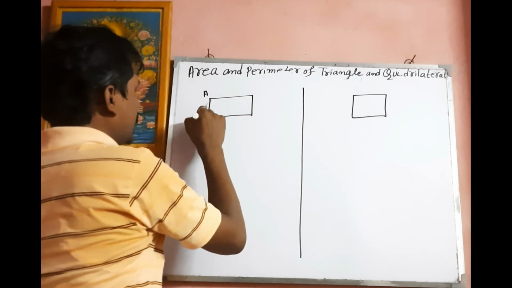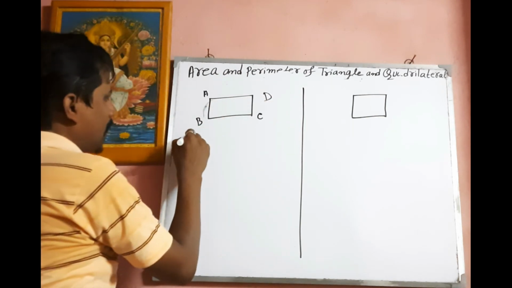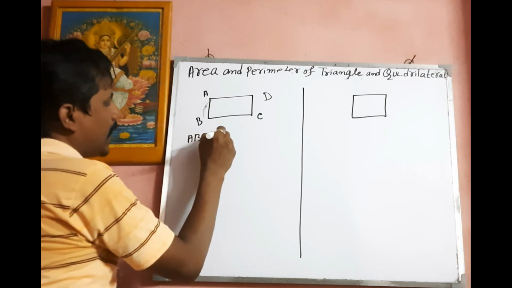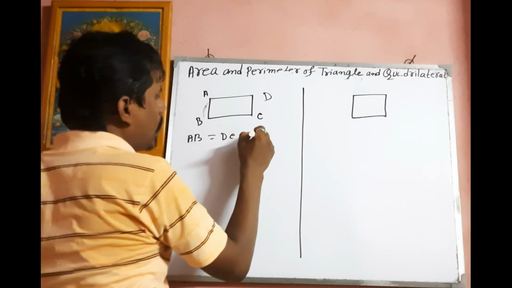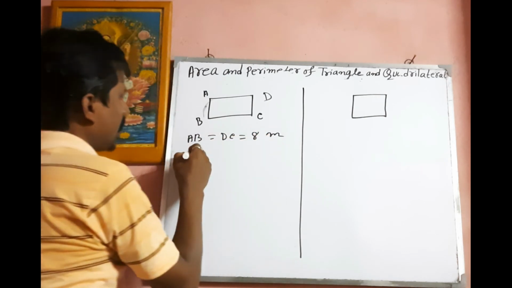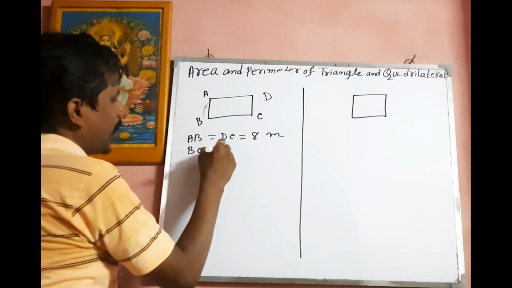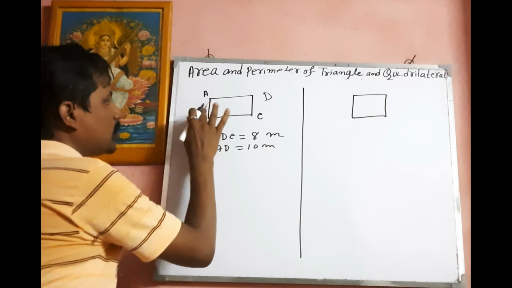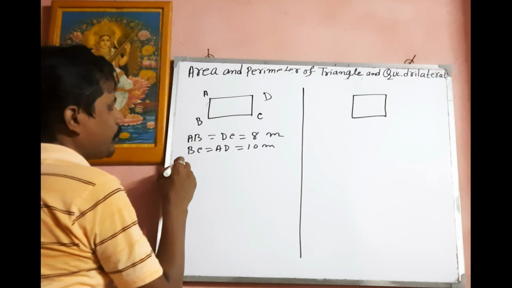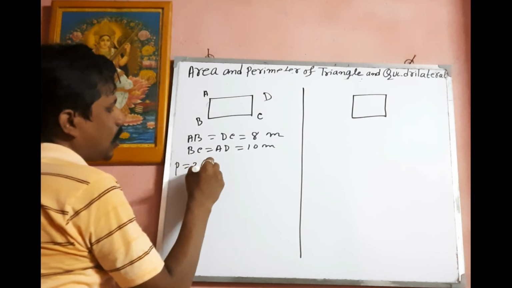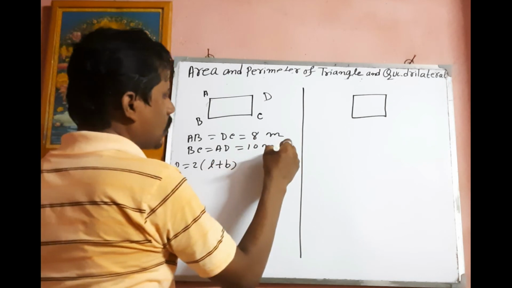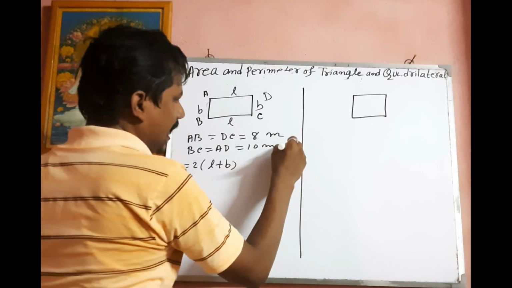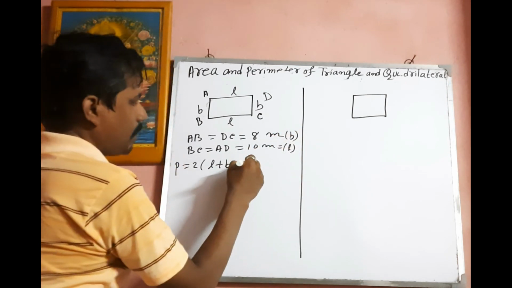Suppose ABCD is a given rectangle, and AB is equal to DC is equal to 8 meter and BC is equal to AD is equal to 10 meter is given. Then the perimeter of this rectangle will be P equals 2 times L plus B. So this is the L and this is the B, and meter is there.